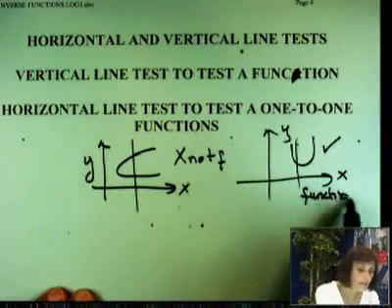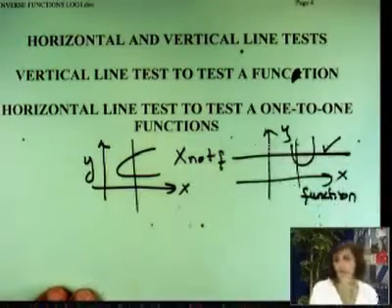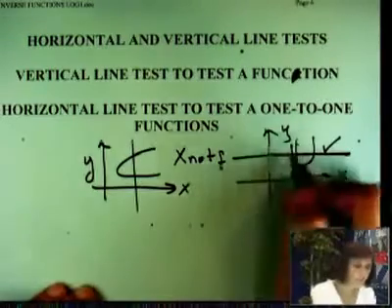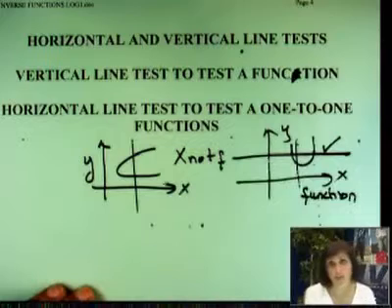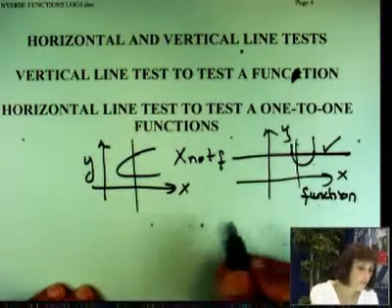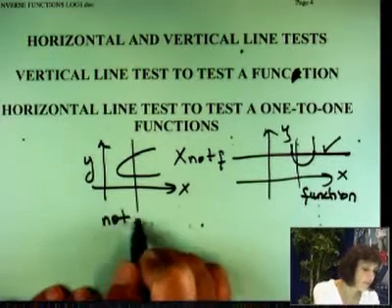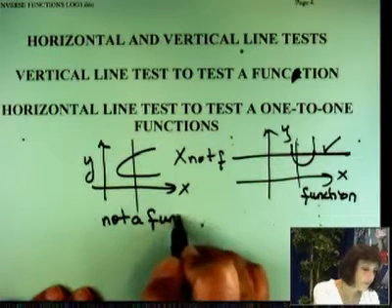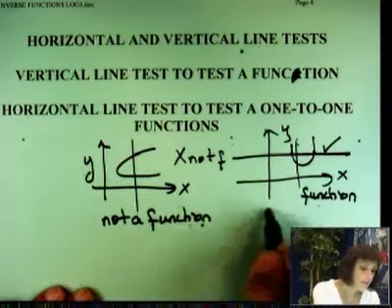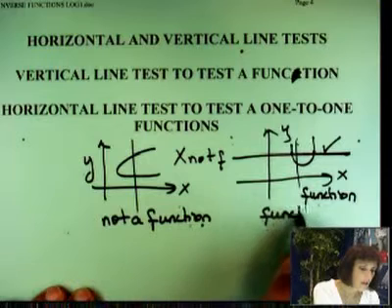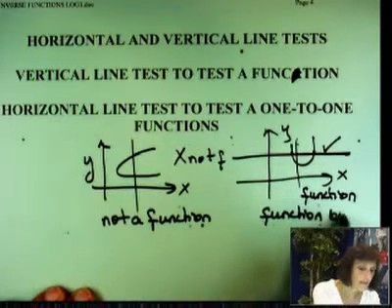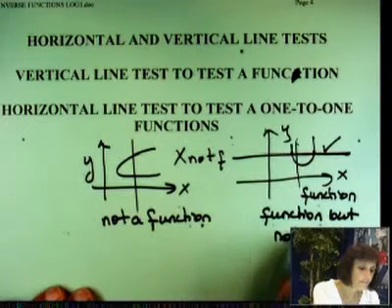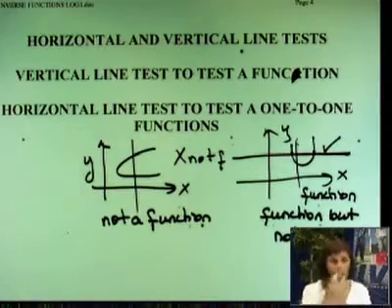The problem is, when I pass the horizontal line, it does cut it at 2 locations. It fails to be a one-to-one function. So this one is a function, but not one-to-one. All right, very good.